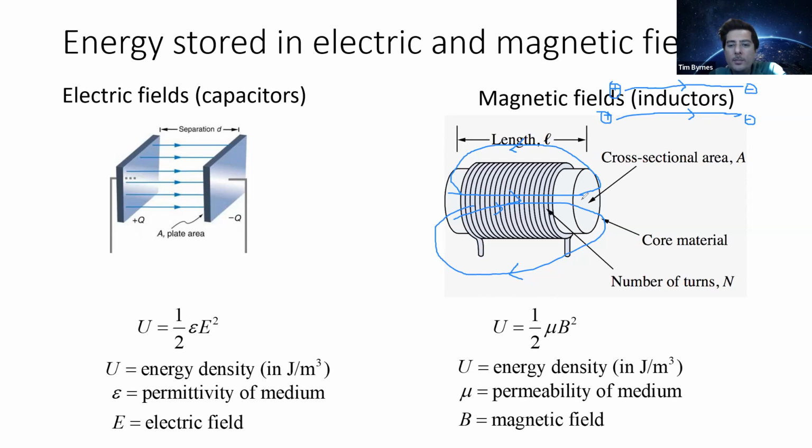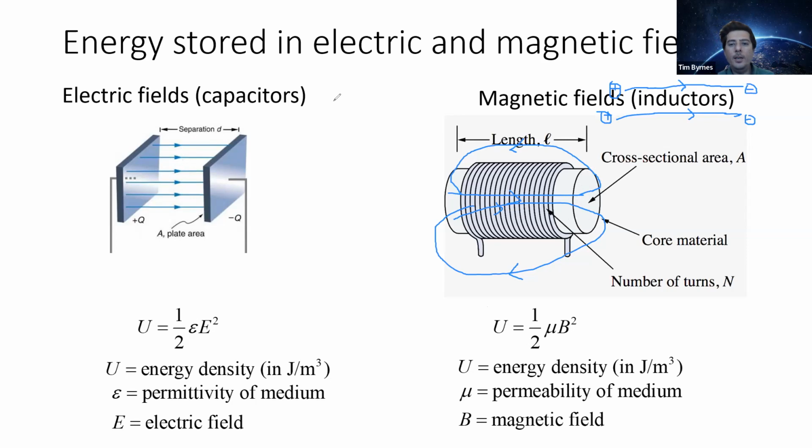This one has some iron bar inside. A capacitor usually also has some kind of material inside, so depending on the material you get different values, but they're basically just constants.